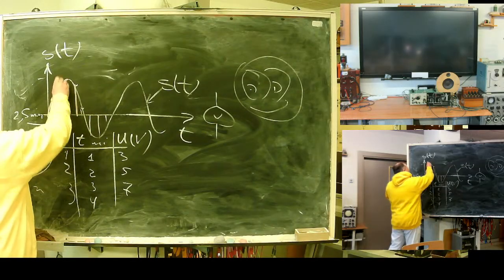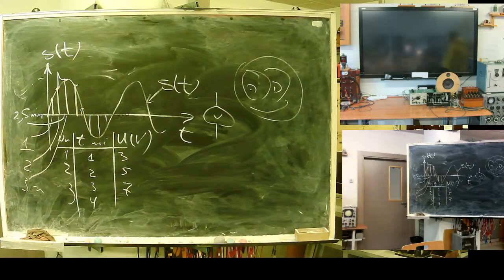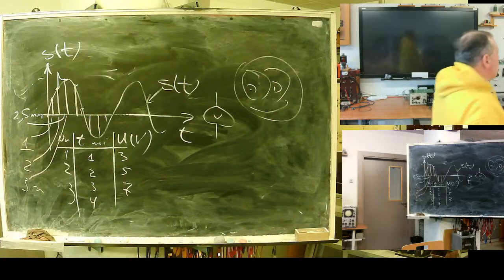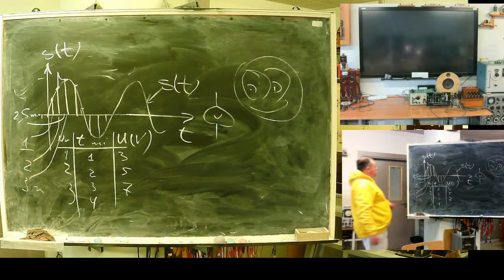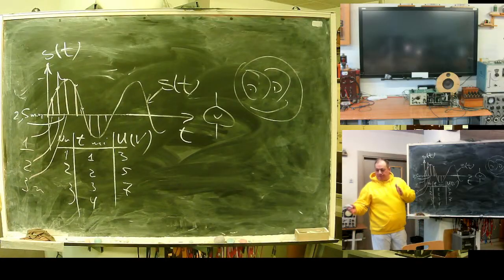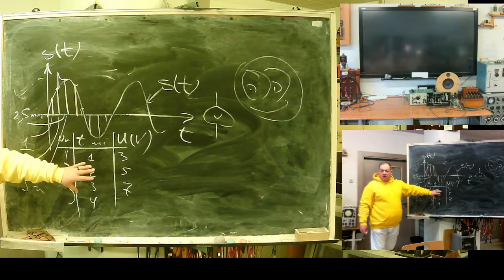Maybe like this, and maybe some spike. We don't know, not measured. So the original signal was continuous, but after it was represented as a table of values, what does this table represent?